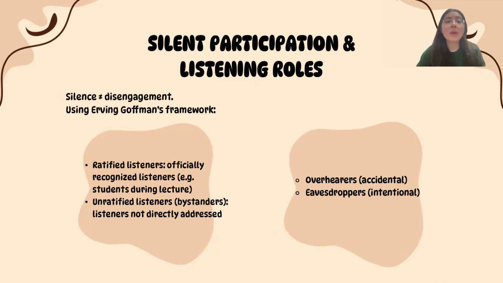For example, someone outside the classroom listening in would be unratified, and this type of listening also occurs in classrooms, especially during small group work, where the teacher often listens without being the intended audience.